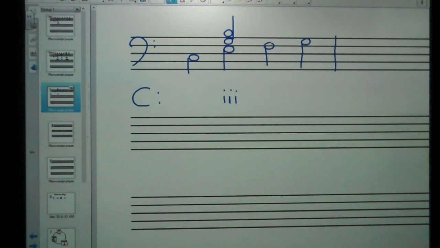Okay. Now, when the 3 chord is used, it acts as a predominant chord, typically moving or progressing to a 6, a 4, or a 2 chord.